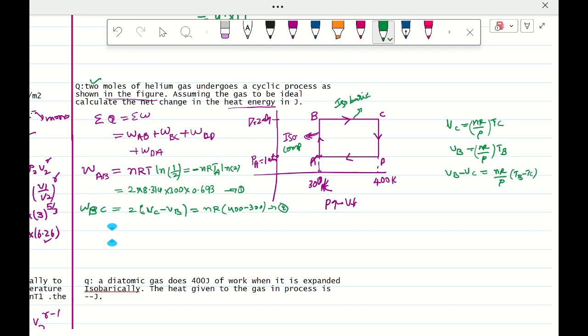But here I want P into Vc minus Vb, so substituting means nR into T2 minus T1. That is also the work done from BC in an isobaric process: nR delta T, or P into dV, the work done formula.